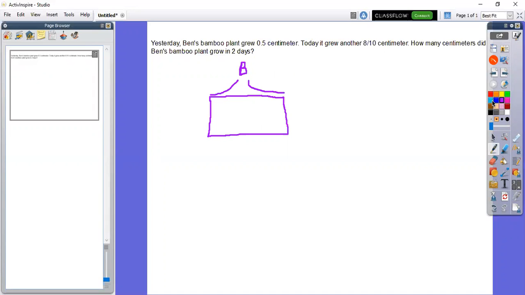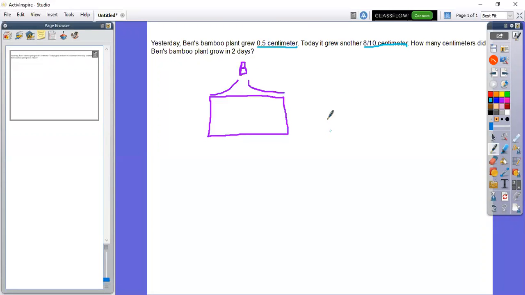All right. Now, we know how much it grew on the first day and on the second day. So yesterday, it grew 0.5 of a centimeter. And today, it grew another 0.8 of a centimeter. All right. So how would I show that on my diagram?